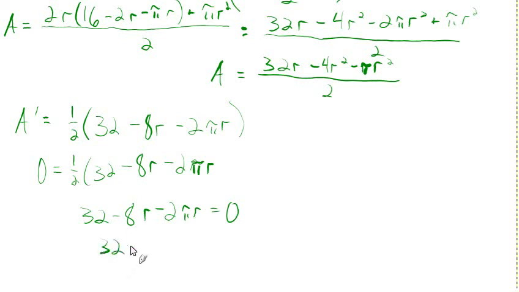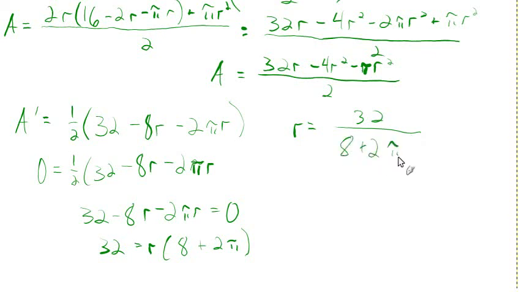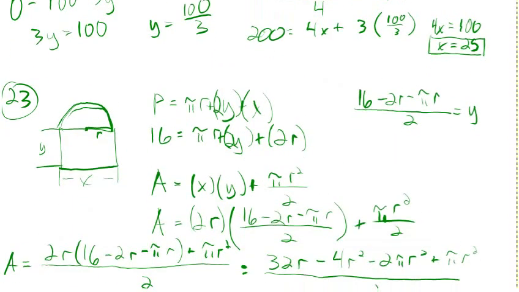And 32 is equal to... there's radius, so if we remember from our picture, x is just twice the radius.